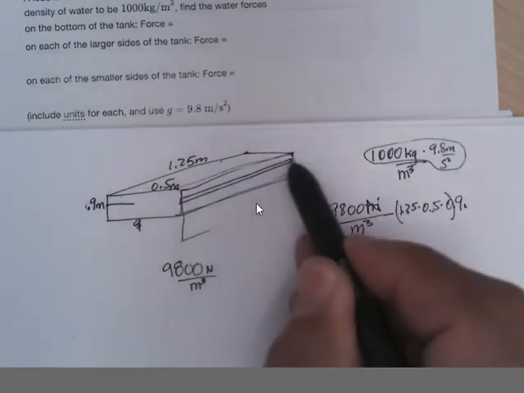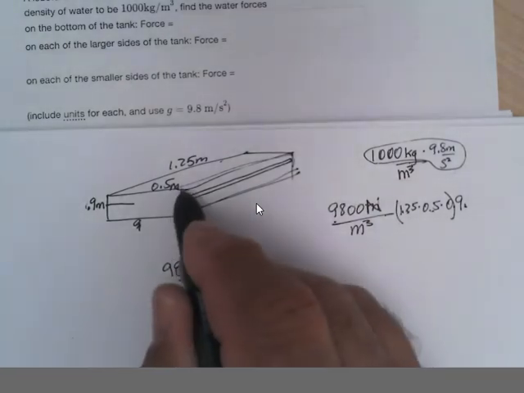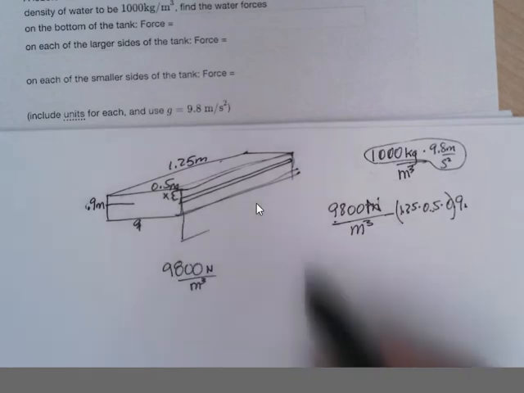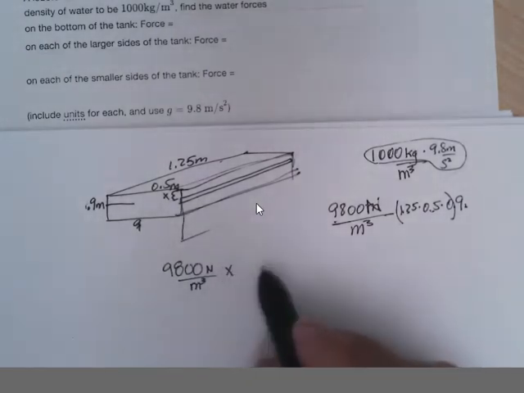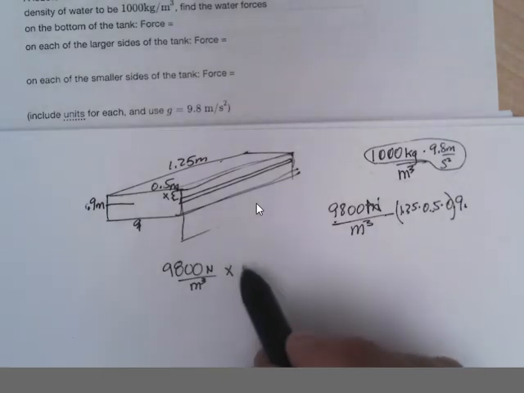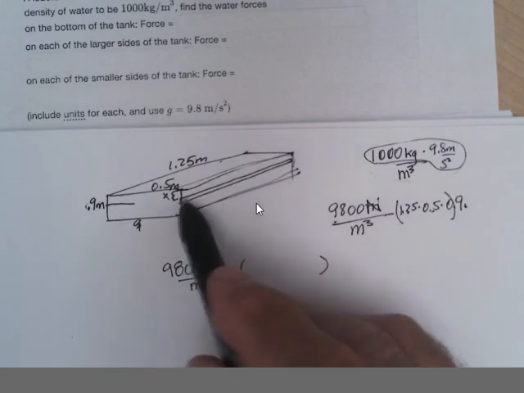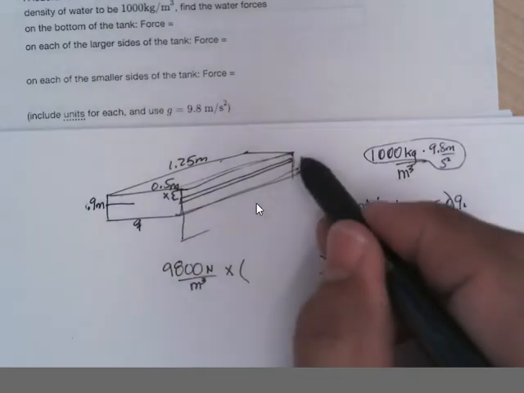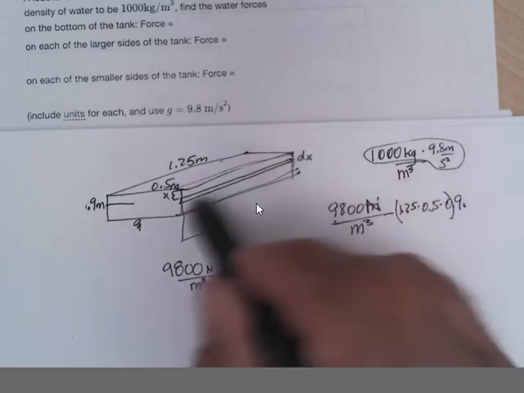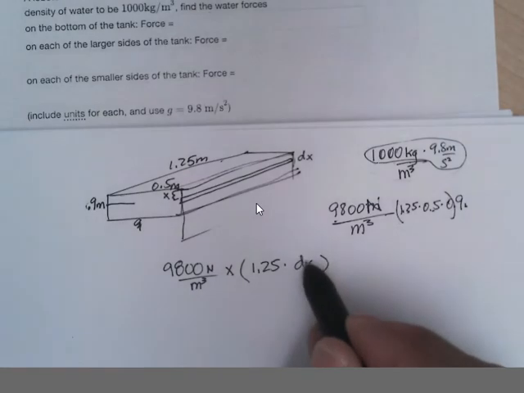So the pressure on that rectangle of the side is going to be this times the depth. So if I put x at the surface, this is x. So times x in meters, one of the meters cancels, and I have the pressure, 9.8 newtons per meter squared. So then I just have to take it times the area to find out the force on that skinny rectangle. And its change is dx. That's the height of the rectangle. The length of the rectangle is 1.25 times dx.